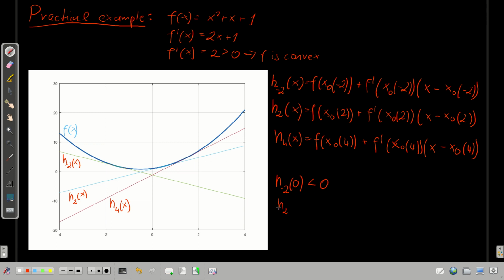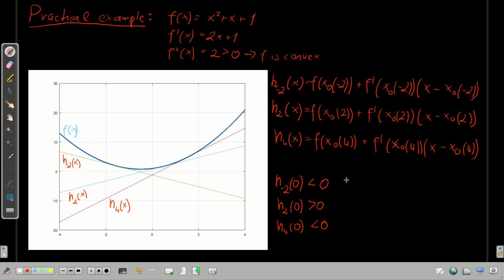Then h subscript 2 evaluated at the point 0 is bigger than 0. As you see here, look at the light blue line. It hits the y-axis above the 0 point, and h subscript 4 evaluated at 0 is lower than 0. Look at this purple line here. It crosses the y-axis below the 0 point.